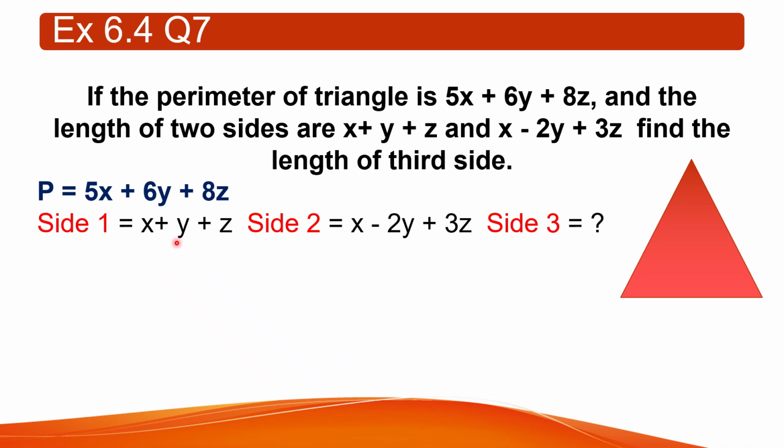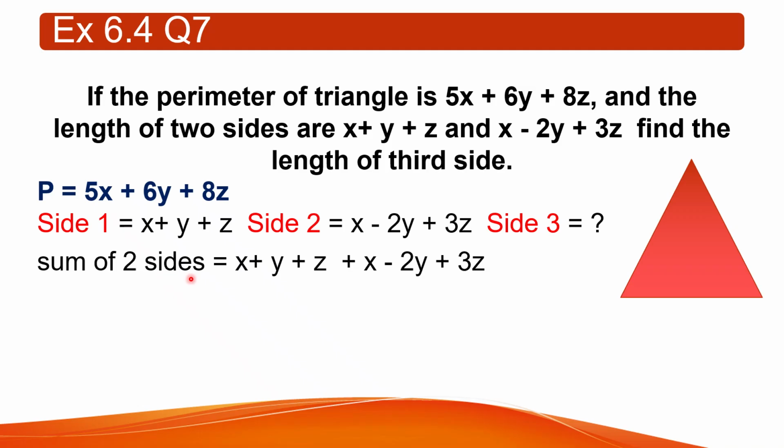We will add side 1 and side 2 and subtract the sum of these two sides from the perimeter. The remaining will be side 3. This is the logic we have to understand. So the sum of two sides we have to find out. First side is x plus y plus z, and the second side is x minus 2y plus 3z.